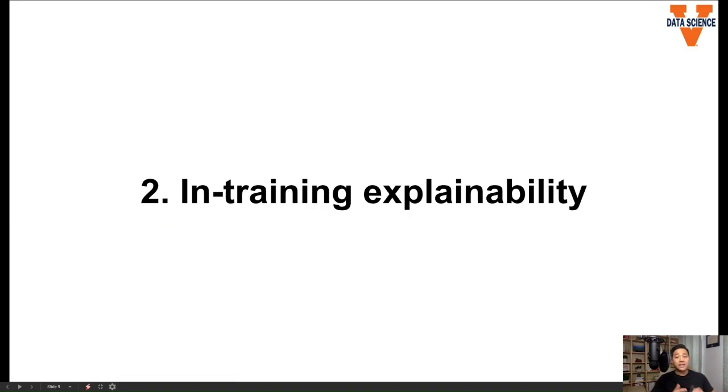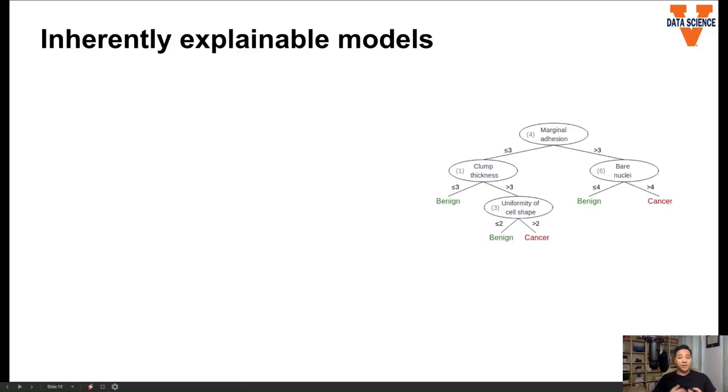Next, we're going to look at in-training explainability, where we develop some inherently explainable models. The number one model you can go to is the decision tree. In this case, we have a decision tree where you can see the diagnostic process.